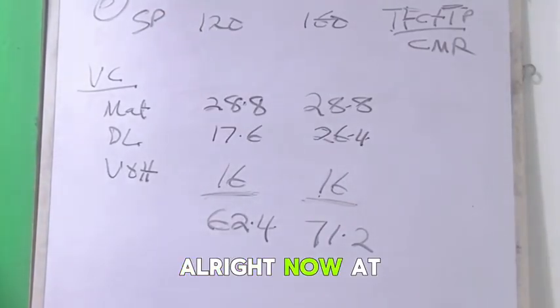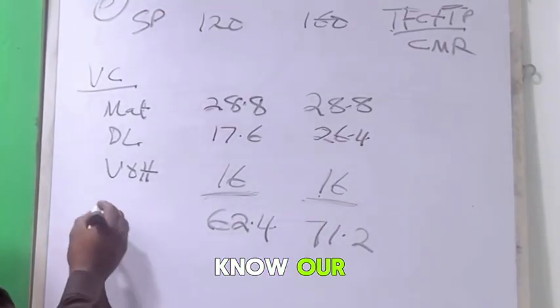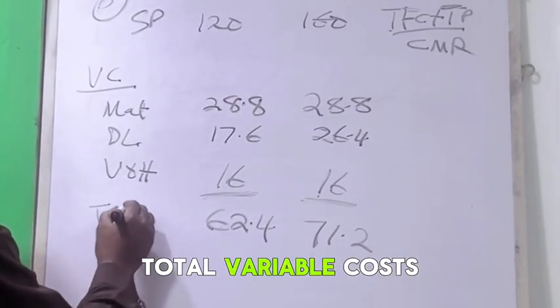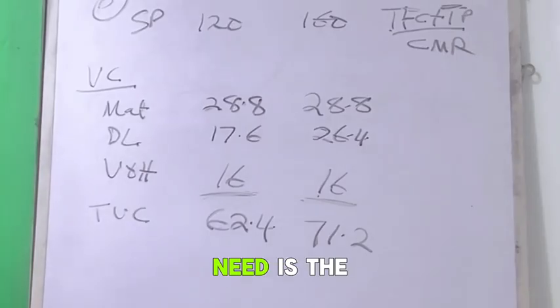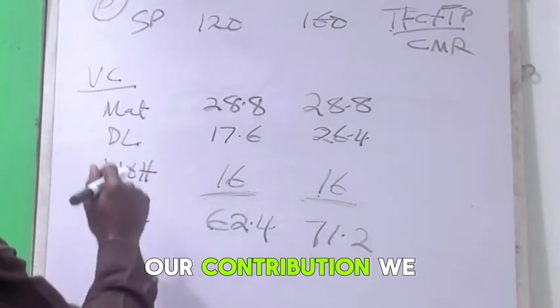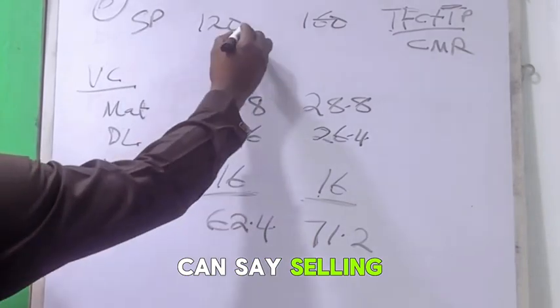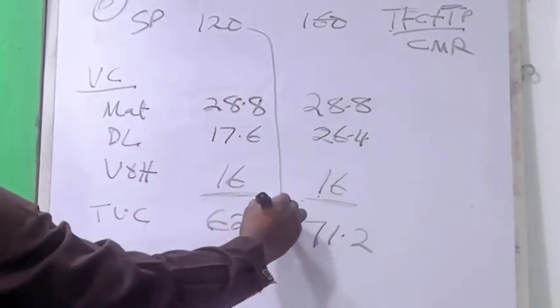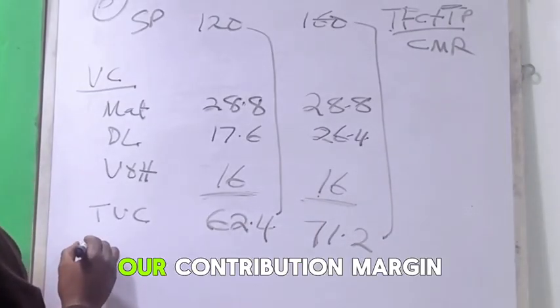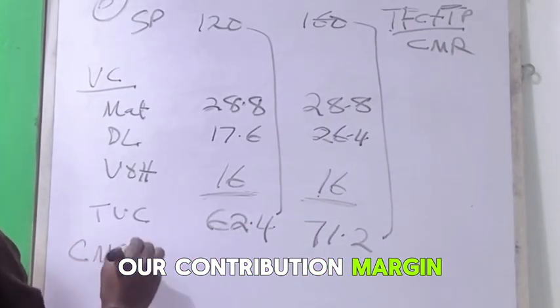All right. Now, at this point, we know our variable costs, total variable costs. But what we need is the contribution. Let's get the contribution first. So to get our contribution, we can say selling price less this, so that we get our contribution margin.